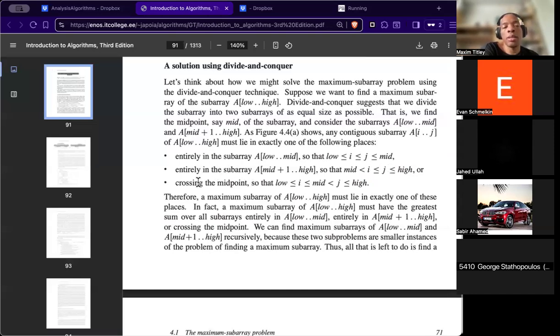Finally, the last case is crossing the midpoint, so that we have some i that is between low and mid, and j is between mid and high. Okay, so here they're talking about subarrays going from i to j, as opposed to low, mid, or high.